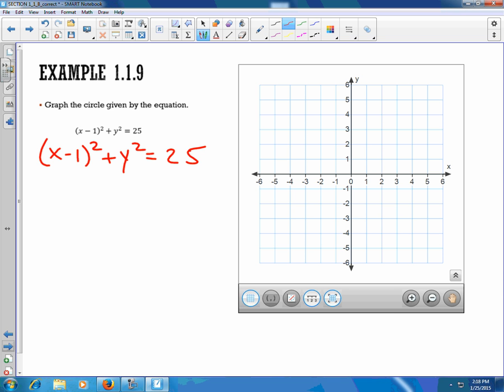As I told you before, we can essentially just switch the signs within the equation. So x minus 1 squared, the x coordinate of the center, h, is just going to be positive 1. And there's no number here with y squared. And so we could rewrite this equation as (x minus 1) squared plus (y minus 0) squared equals 25.